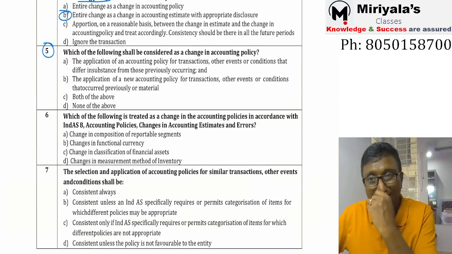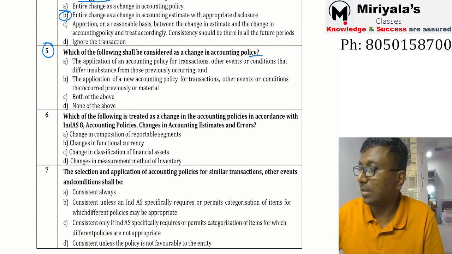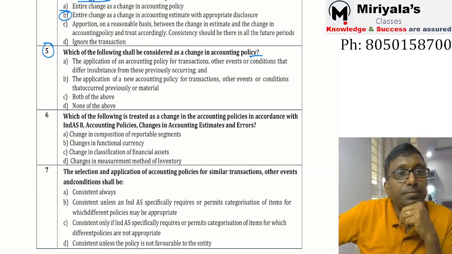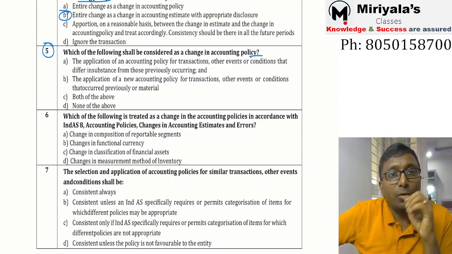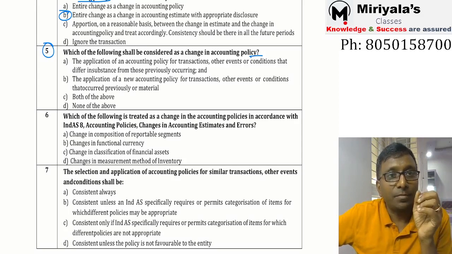Right. Next, go to the fifth one. Which of the following shall be considered as a change in accounting policy? Read through the answers, please. The application of accounting policy for transactions, other events and conditions that differ in substance from those previously occurring.